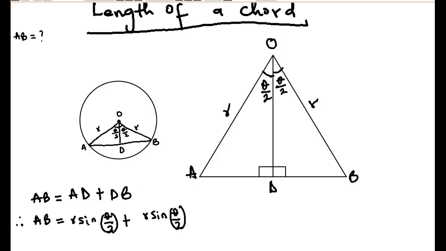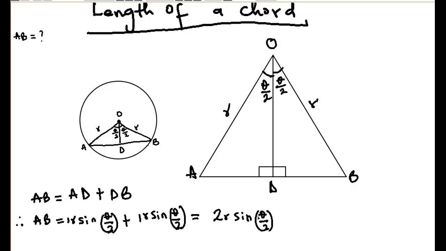So these two are the same thing. There's no number at the back, so I can put a 1 here as coefficient, so that 1 R sine theta over 2 plus 1 R sine theta over 2 gives us 2R sine theta over 2. And yes, we're here. So this is the formula for finding the length of a chord.